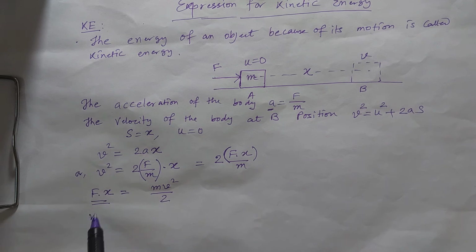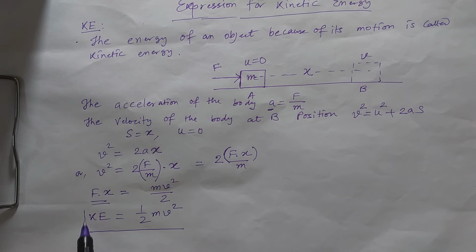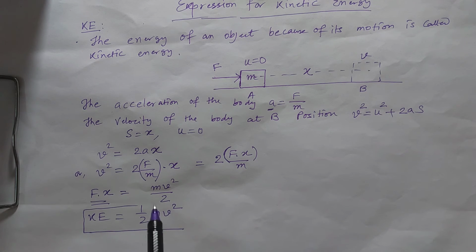So in short form, the kinetic energy is equal to half m v square. That is the expression for the kinetic energy. Remember this formula, and also practice the derivation. Sometimes they can ask in the exam to prove the derivation of the kinetic energy.